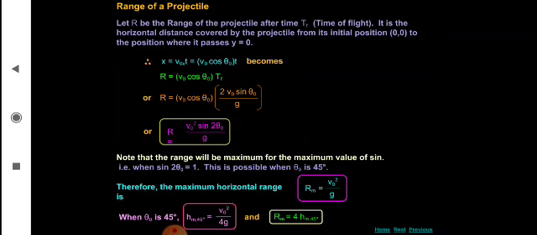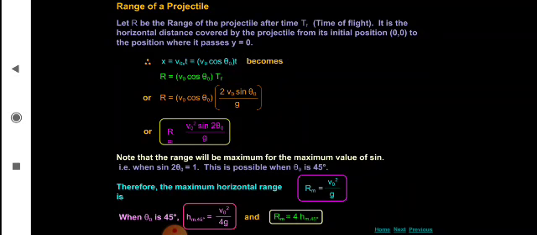So x is equal to V0x t, that is equal to V0 cos theta naught into t. So R is equal to, x is the maximum distance travelled, that is R is equal to V0 cos theta naught into tf. tf is the time of flight, that we got as 2 times V0 sin theta naught divided by g.